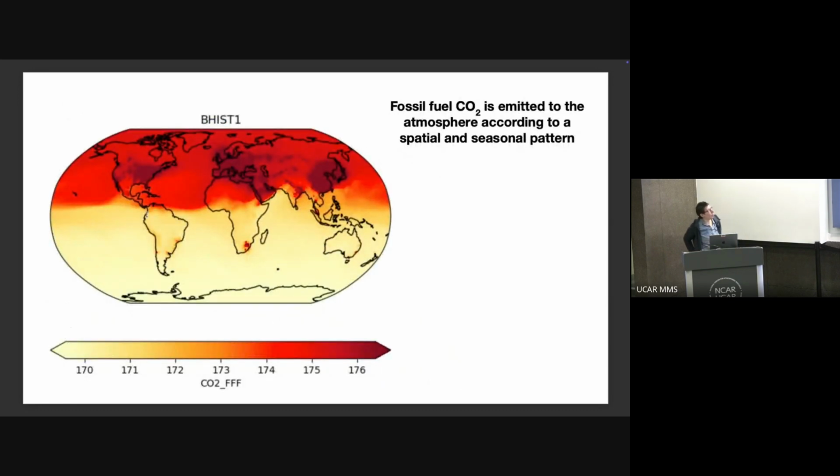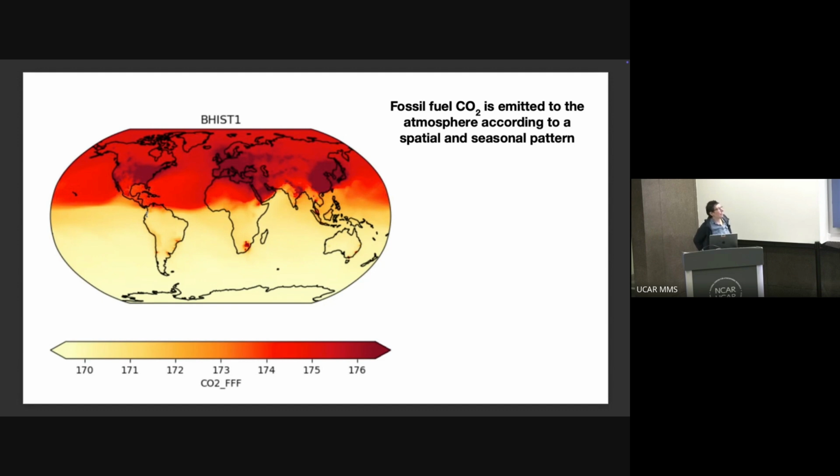So this is an example of what fossil CO2 in one of these emission-driven runs looks like. This is just the year 2014, the last year of the simulations. This is spatial variability in fossil fuel. The absolute numbers maybe don't matter so much, but you can see that when we emit CO2 in these emission-driven runs, we maintain spatial variability, in this case the fossil CO2 component.